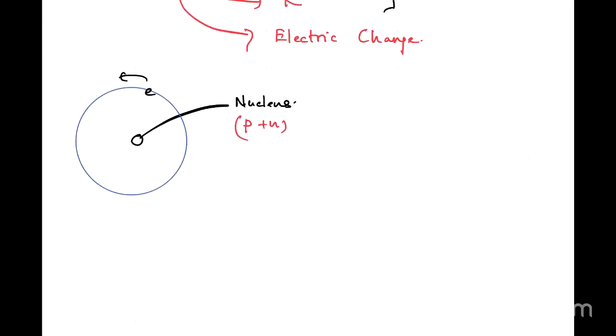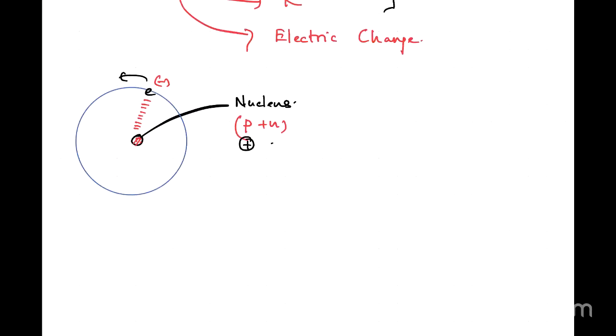These electrons have negative charge, the protons have positive charge, and the neutron is neutral. So these negative and positive charges have a small attraction force, and that is the main reason for keeping the electron attached to the nucleus.